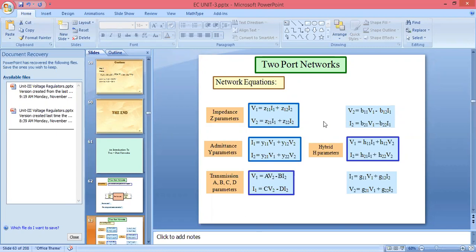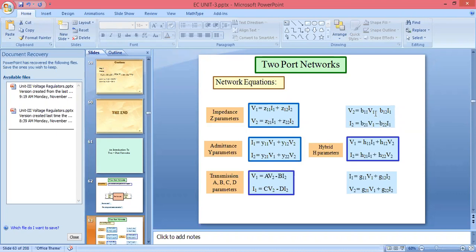And exactly opposite of the transmission ABCD, if V2 and I2 depend on V1 and I1, at that time we can say this parameter is the inverse ABCD parameter or inverse transmission parameter.